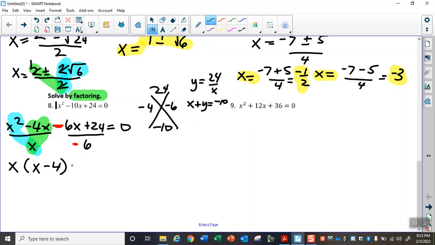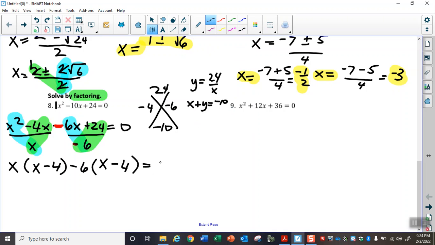And then bring the minus 6 in the front. And then I'm dividing again. The negative 6's divide out, so what's left is x. And then 24 divided by negative 6 is going to be my minus 4.